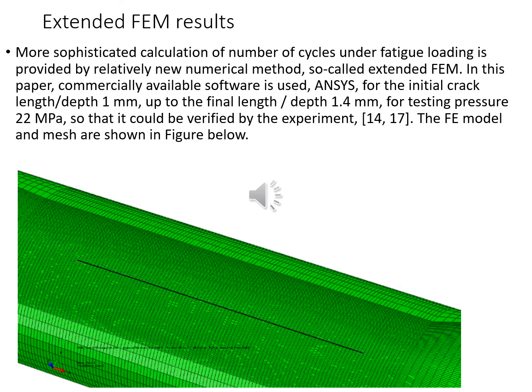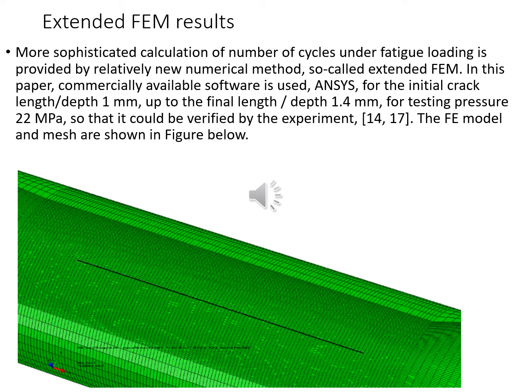Now the same problem has been analyzed by extended FEM, and the results are shown here. We have used ANSYS to calculate crack propagation with the mesh shown on this slide. A significant difference in this calculation compared to the direct integration of Paris law is that we now take into account the crack axial length.